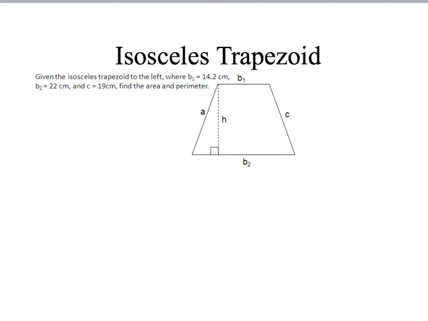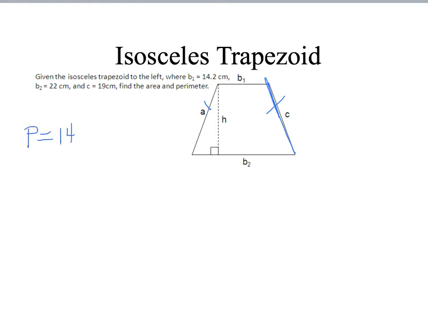Here we have an isosceles trapezoid where the 2 bases are 14.2 and 22 centimeters. And then C is 19 centimeters. We want the area and the perimeter. It's an isosceles trapezoid, so A and C are the same length.